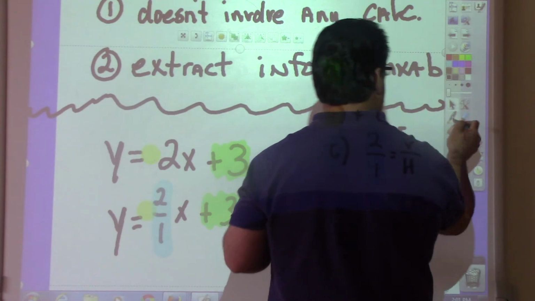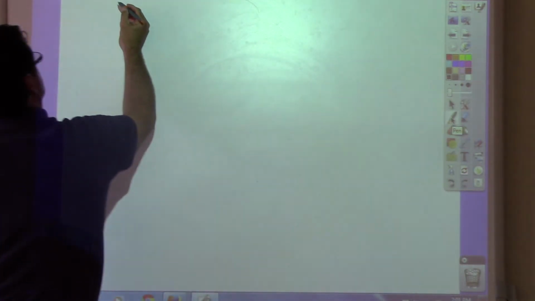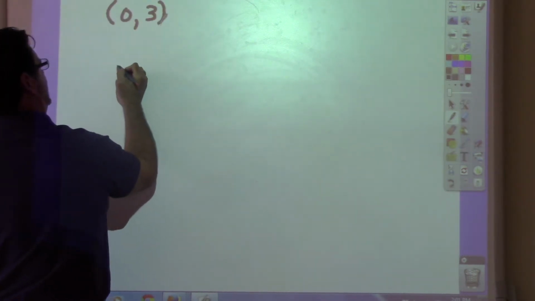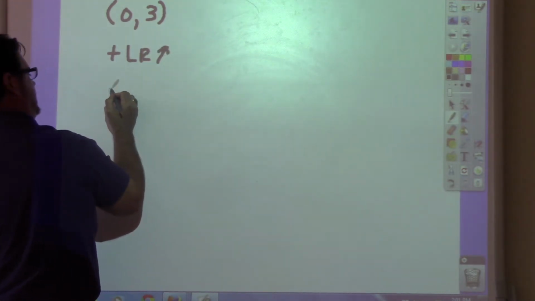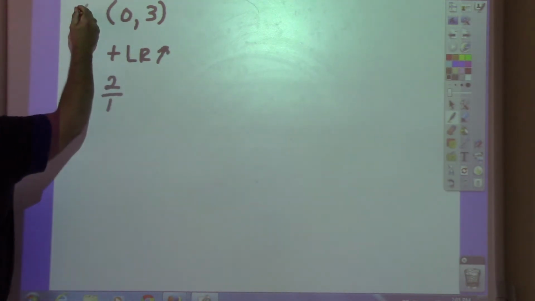Okay, so the next page: 0, 3, is that right? And it's positive, meaning left to right, up, and 2 over what? 1. So there's A, B, and C.